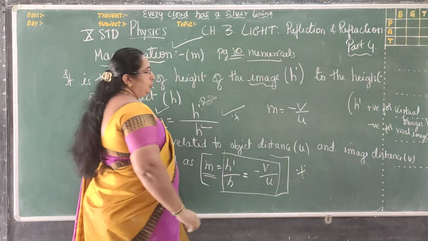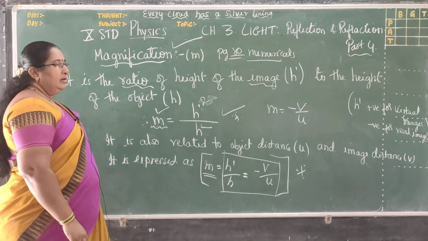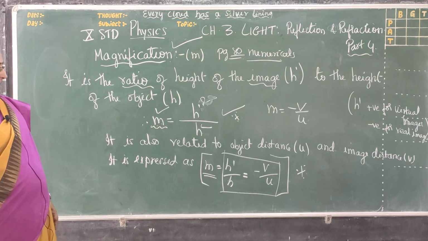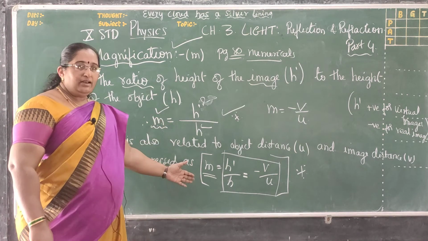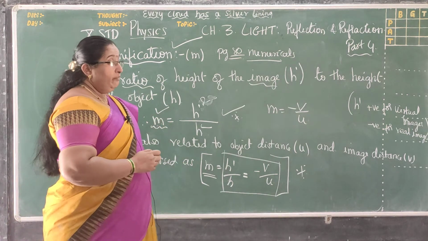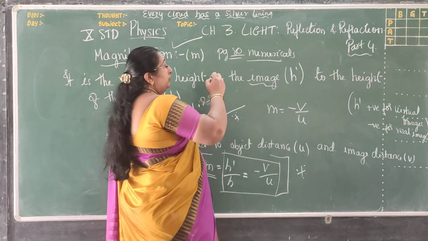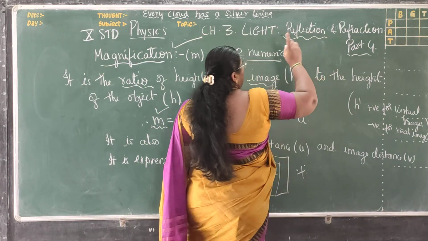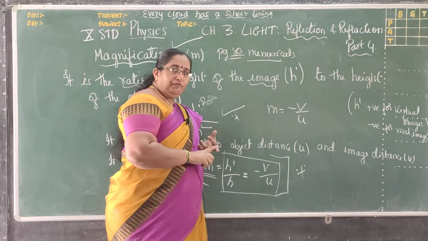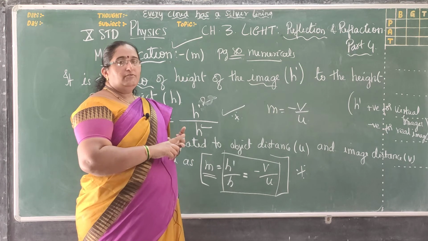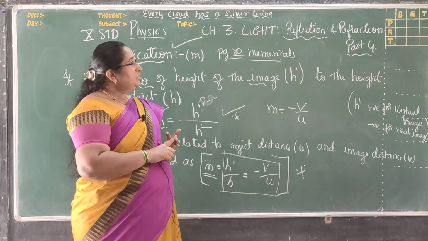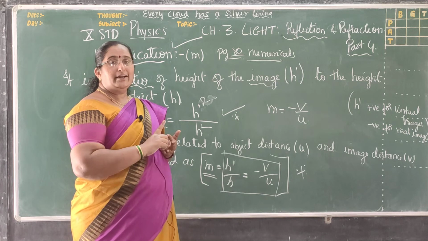Okay, so go through this, children, and we will conclude with magnification and with the mirror formula and the magnification formula. In our next video we will proceed with the next topic. Here we are concluding reflection, one of the properties exhibited by light. We studied reflection in a plane mirror, the properties exhibited by a plane mirror, and also reflection in spherical mirrors, that is convex mirror and concave mirror.